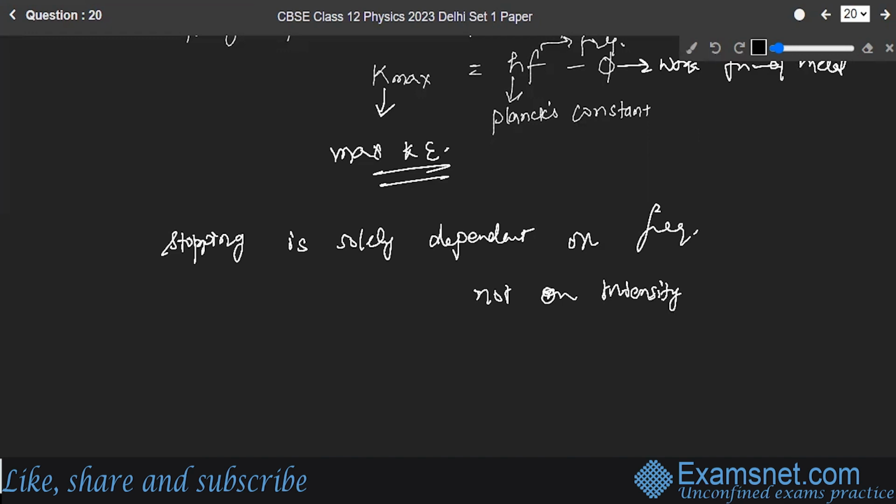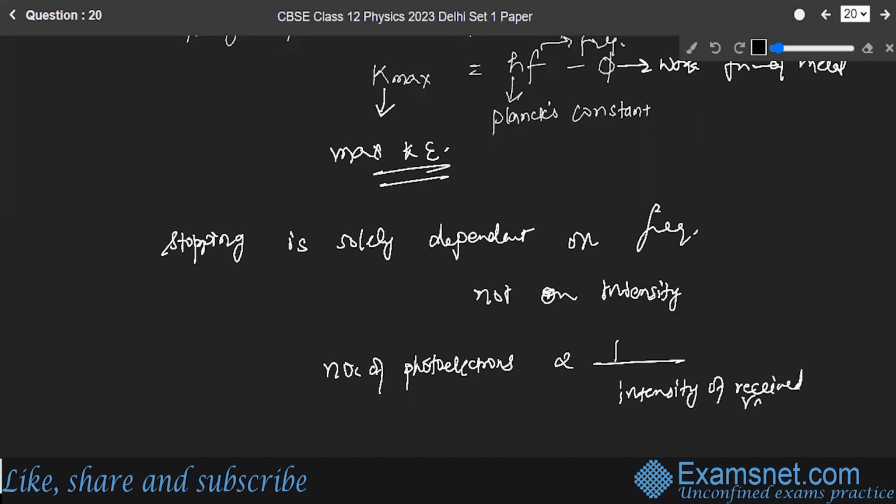The frequency of the incident radiation alone determines the photoelectron's kinetic energy, while the number of photoelectrons emitted from the surface is proportional to the intensity of the received radiation.